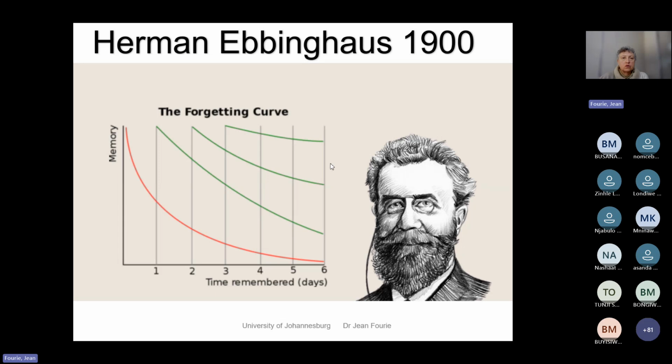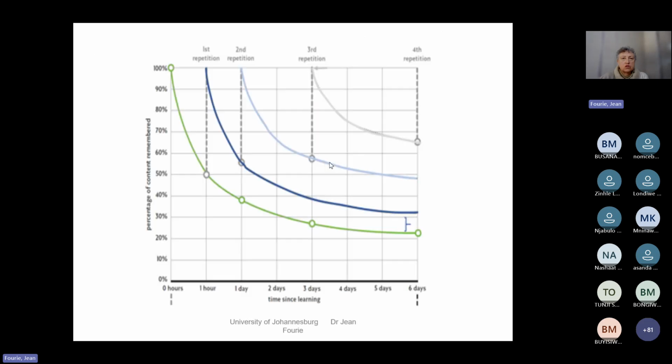Okay, so I want to go into a little bit more detail now that you understand the basic principles behind the forgetting and remembering curve. This gives the same basic principle concepts, but now there are all sorts of percentages.